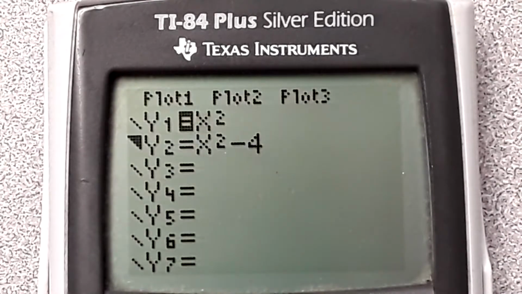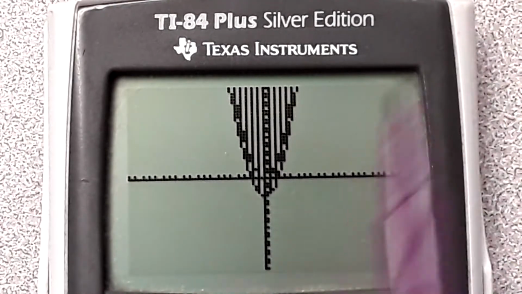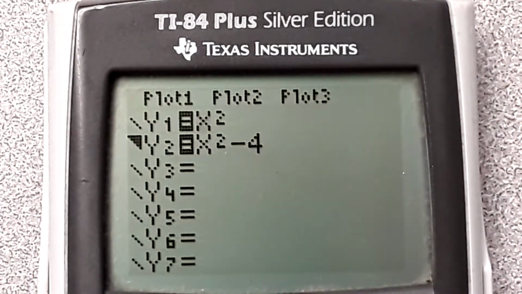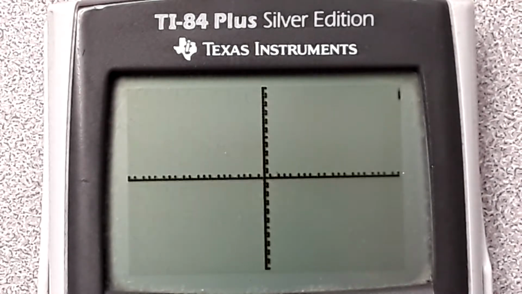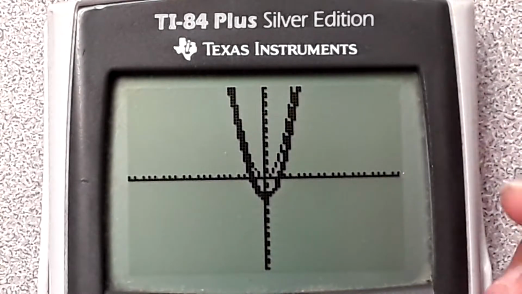Then if I go to this one, there's the parent, and now it shades over. And see, it just shifted it down. So the reason my graph is not great is because I didn't draw it to go through x equals 2.